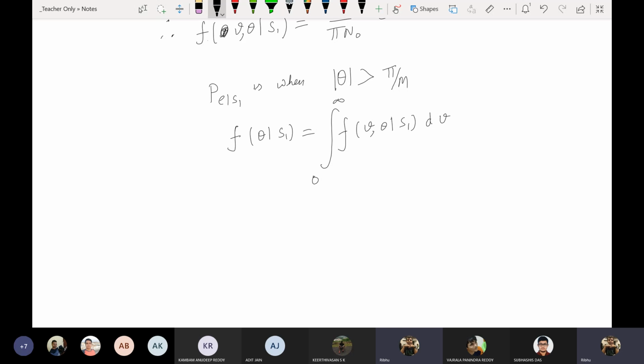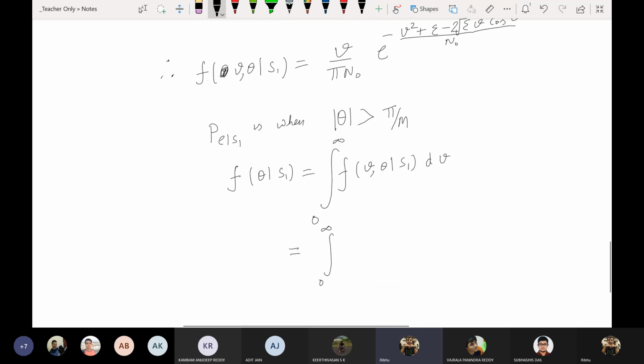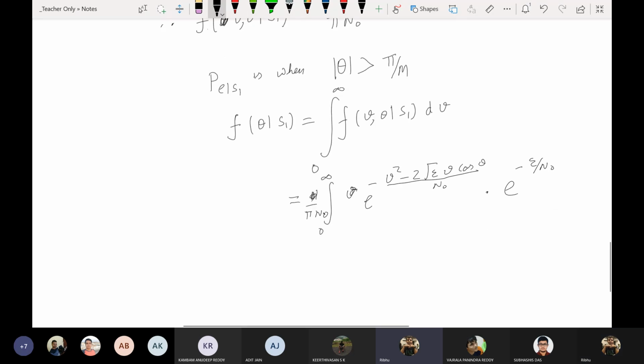So if we look at this beast, what we get is that this equals 1 upon pi N naught outside, minus V squared minus 2 root E V cos theta, times V, because there's a V sitting here as well.